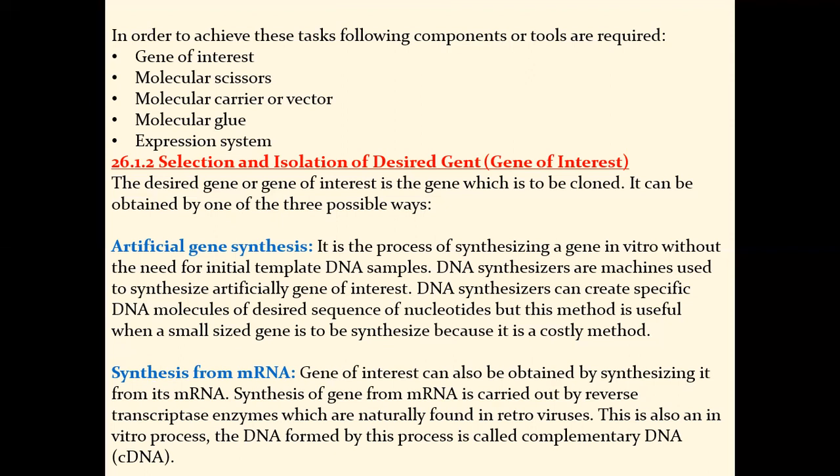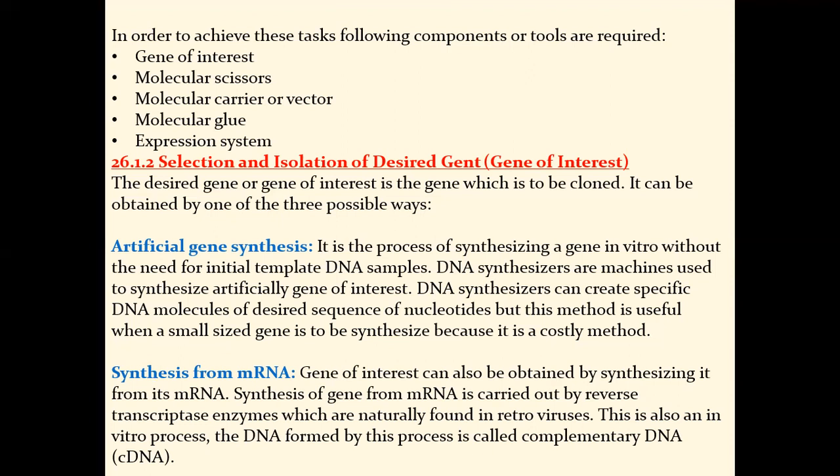It will make DNA copies, and it is a little costly, but the thing is कि हम यहाँ पर किसी DNA के टेम्पलेट की जरूरत नहीं है, जस्ट मशीन जो है इसको कॉपी करेगी. Synthesis from the messenger RNA. Gene of interest can also be obtained by synthesizing it from its messenger RNA. Synthesis of gene from messenger RNA is carried out by reverse transcriptase.